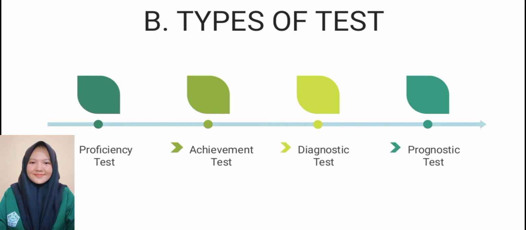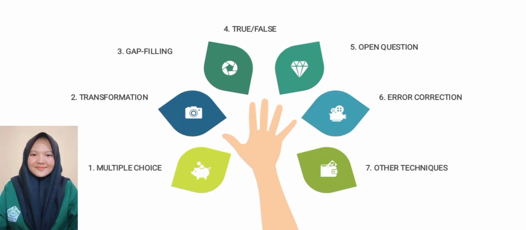Second, an achievement test assesses student understanding of the information covered in a course. Third, a diagnostic test identifies a learner's strengths and weaknesses in a particular area. Fourth, a prognostic test tries to forecast how well a student will do in a class.